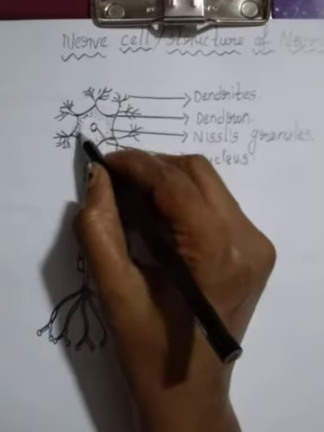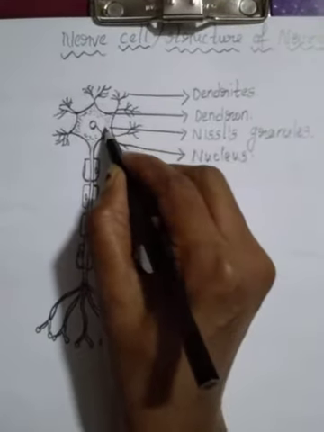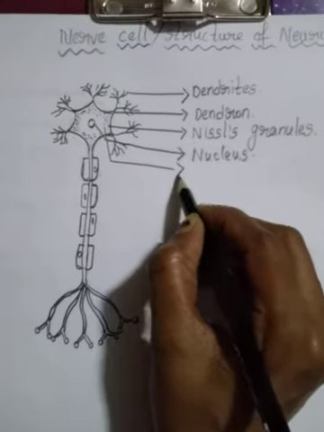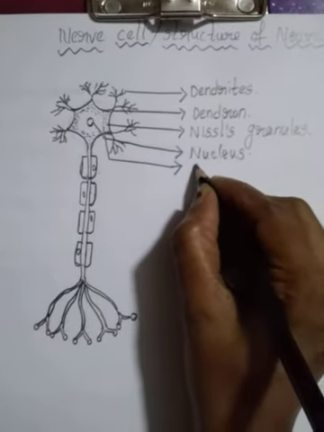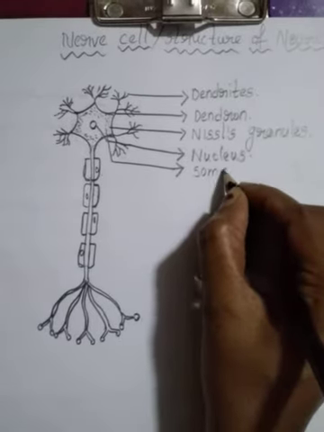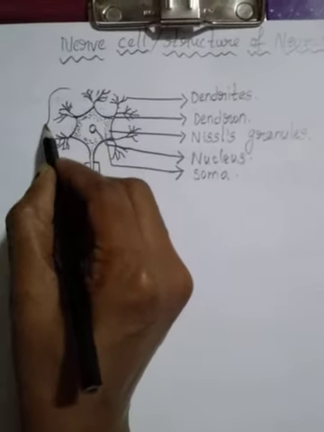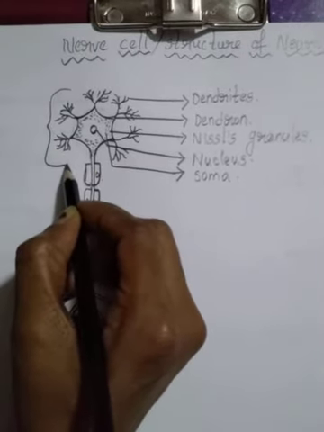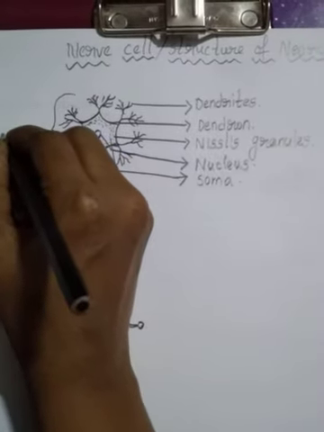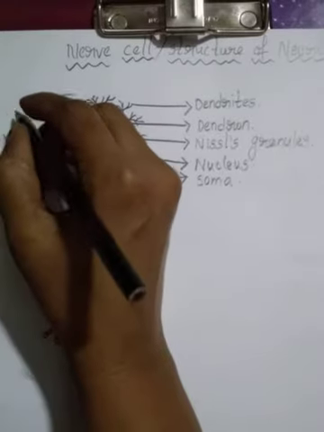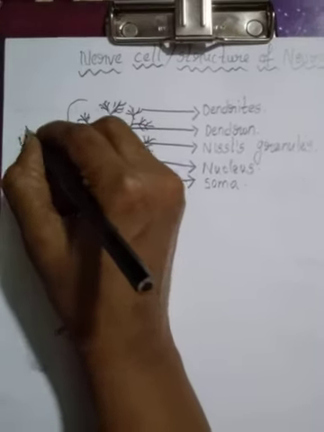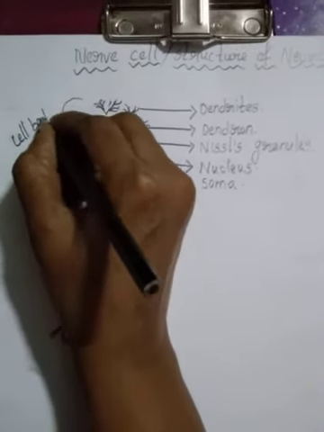Next, this inside part we can call soma. This full part we can say is the cell body.